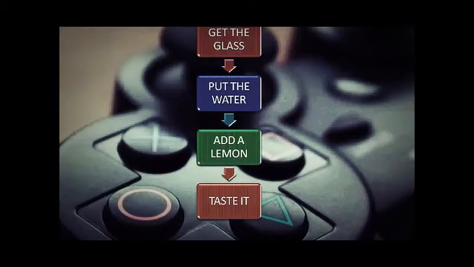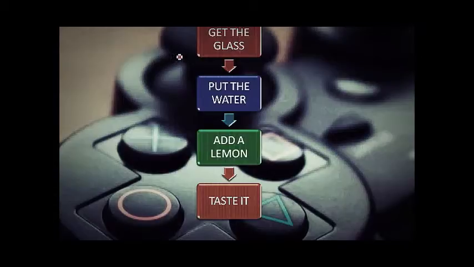You tell your brother to make a juice, and you like lemon juice. But the problem is your brother doesn't know how to make a juice. So what you do is you give your brother some instructions to make a juice.